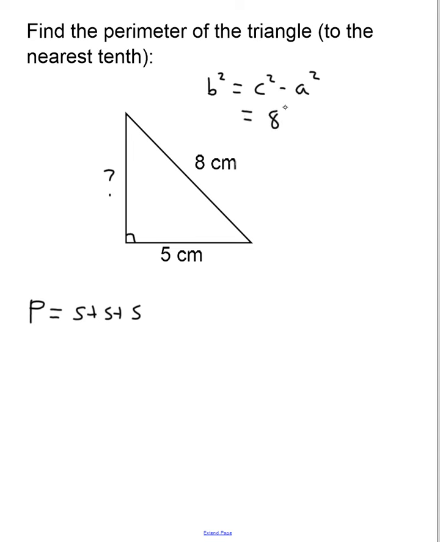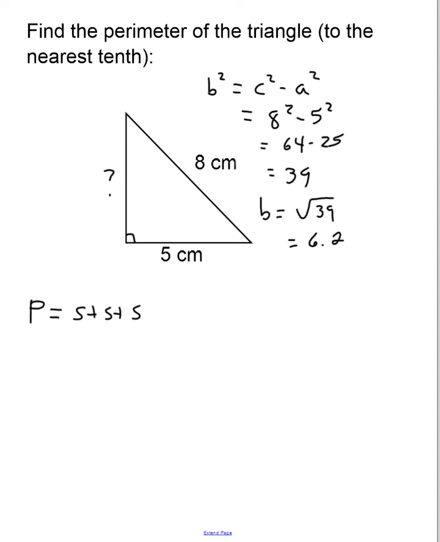And so we're going to show our work to find the missing side. And then we're going to square root that. And we're going to get 6.24, etc., etc. So we're going to round that to the nearest tenth. And now we have the missing side.